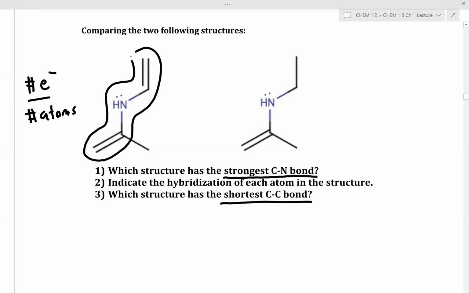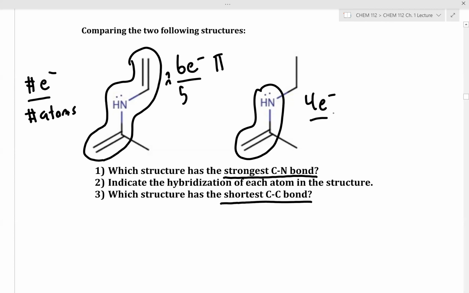Looking at this structure, I have a total of 6 electrons in my pi system: my 2 double bonds and my lone pair. And this is going to be spread over a total of 5 atoms. Compared to the structure on the right, I have 4 electrons distributed over 3 atoms in my pi system.